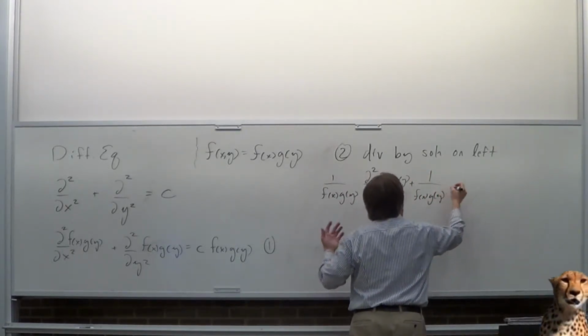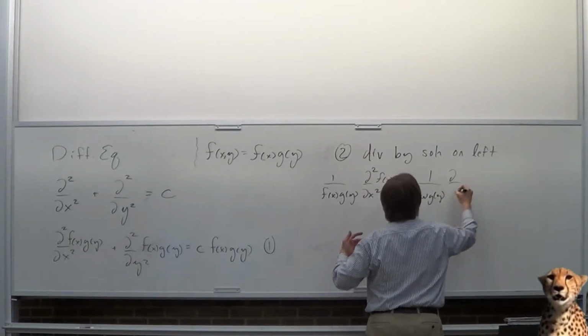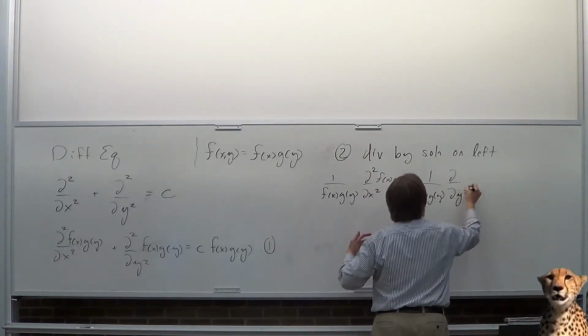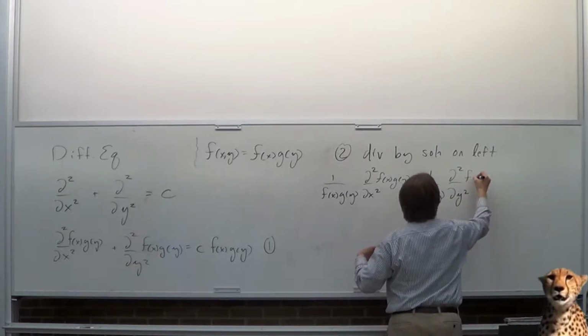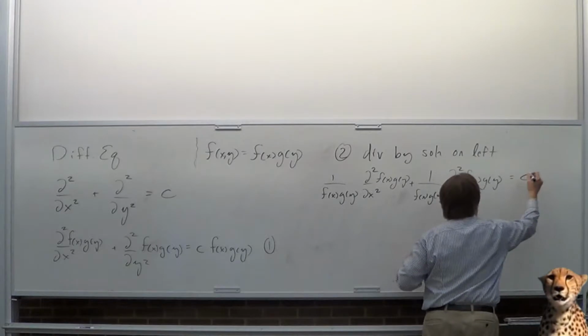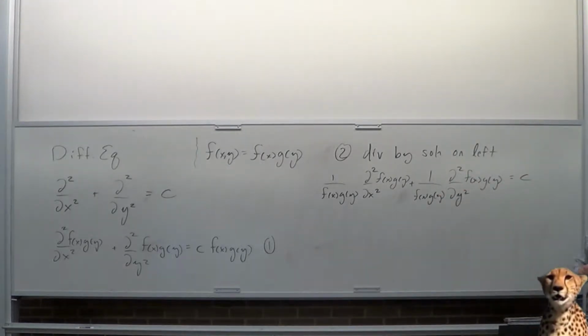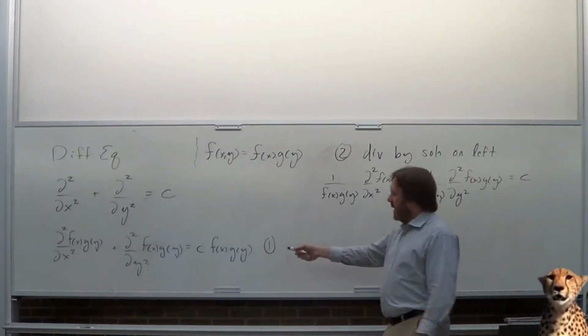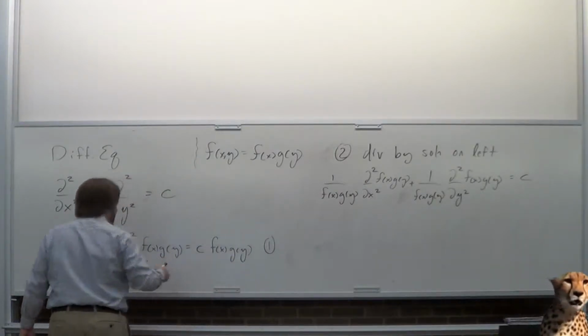And notice that it's like, what's this, the commutation axiom of algebra? I forgot what this is called. And then this would actually equal a constant, right? So I divided through by f of x, g of y.